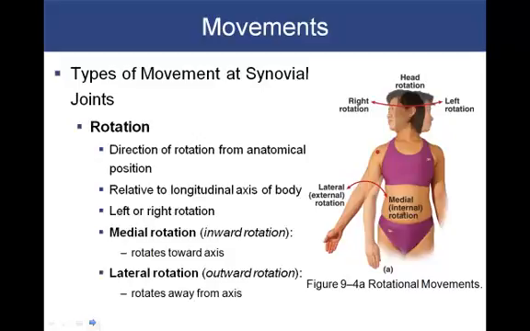As you rotate the arm inwards to where the palm is facing posteriorly, this is referred to as medial rotation. We see here medial rotation. And in the opposite, we can also laterally rotate by returning the arm to anatomical position.